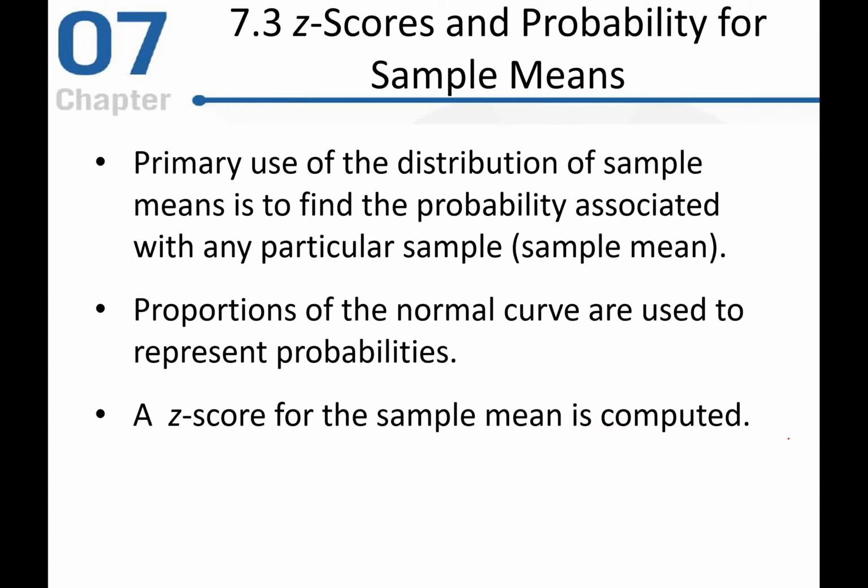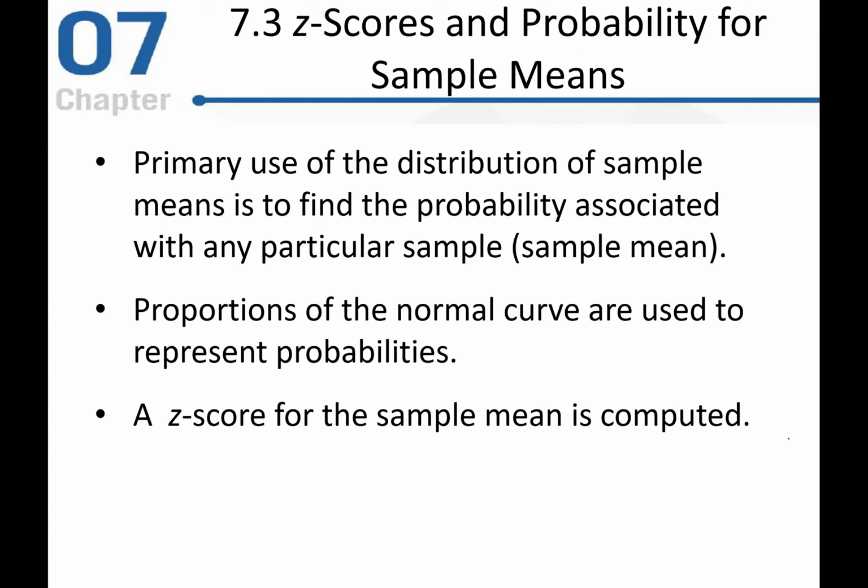All right. So z-scores and the probability for sample means. The primary use of the distribution of sample means is to find the probability associated with any particular sample and their accompanying sample means.